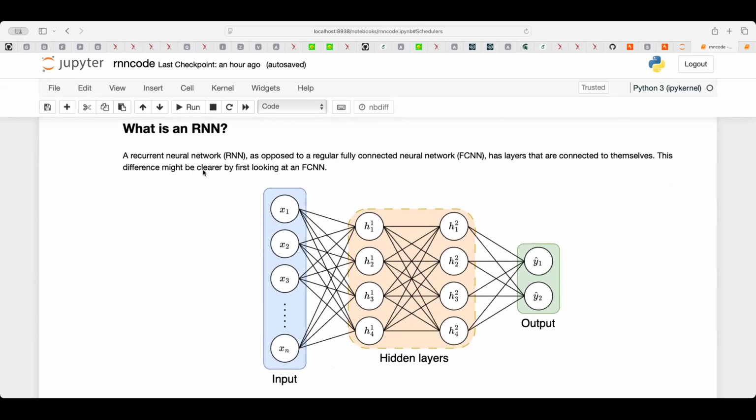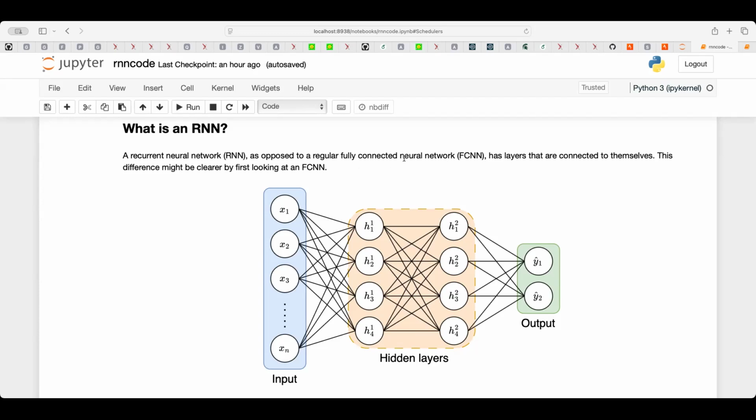If you think of a standard neural network, we have no connections between the hidden nodes. That's the standard setup in a feed-forward neural network. Sometimes you will see this written as FFNN, because you have a forward pass and a back propagation pass.